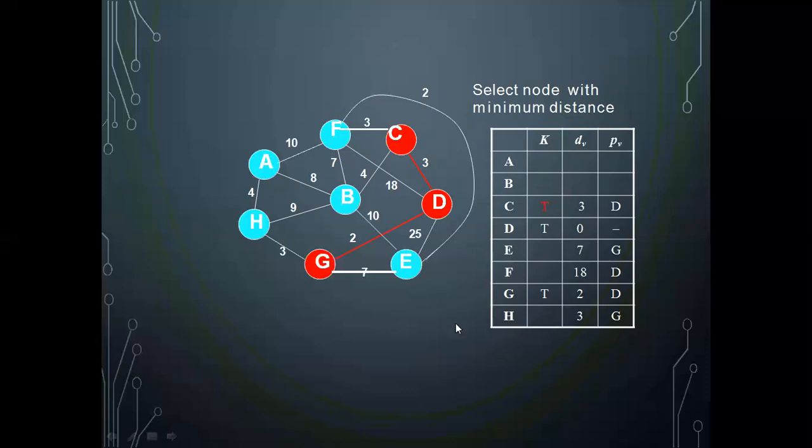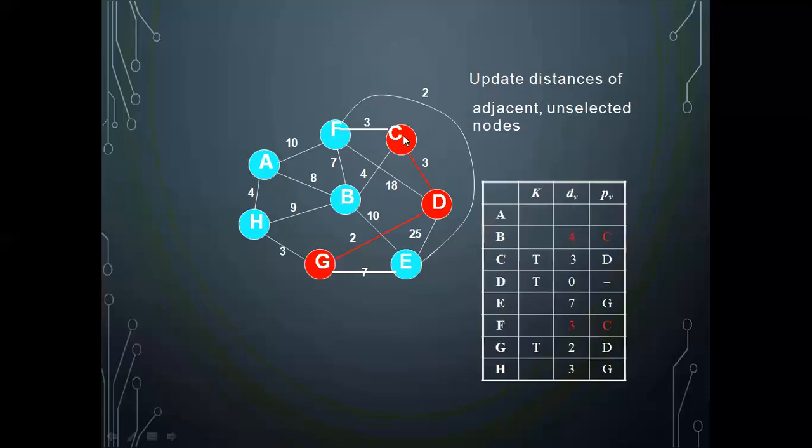CB one edge is there and next is CF I have one edge. CB what is the weight of the edge? That is 4. CF what is the weight of the edge? That is 3. So these are the edges I have and in that which is the minimum I should calculate. Which one will be the minimum?